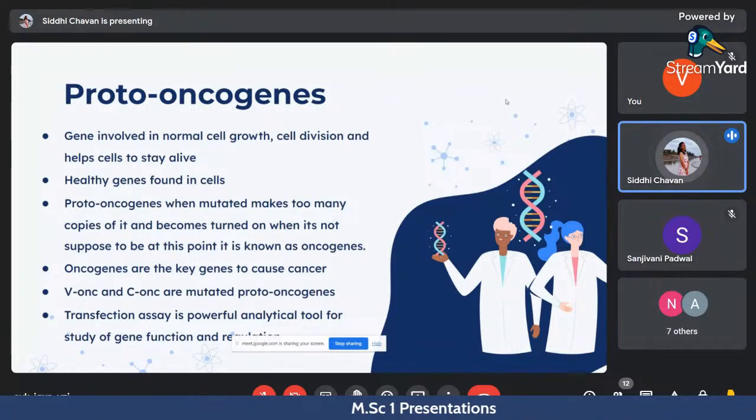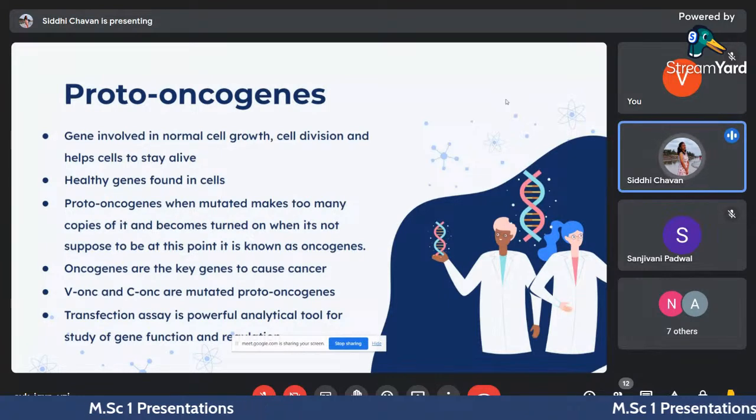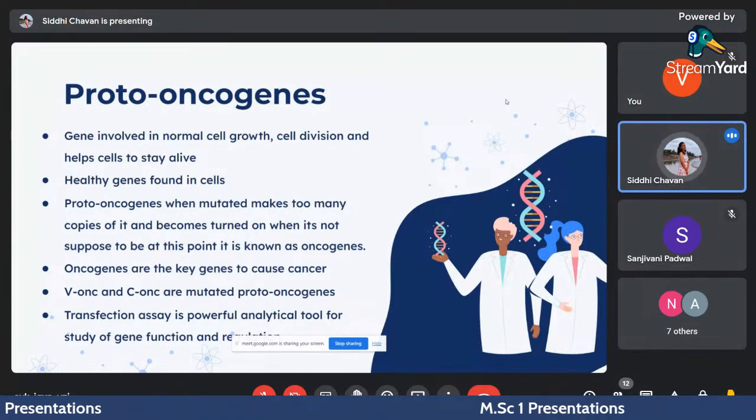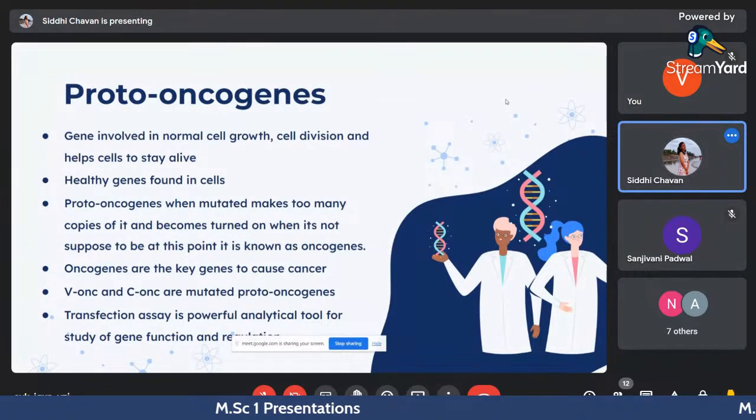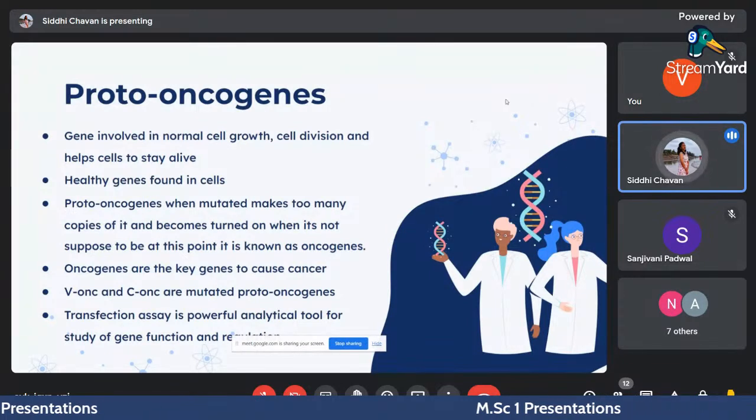But when proto-oncogenes are mutated, they make too many copies of themselves and turn on when they are not supposed to be. At this point, they become oncogenes, which cause cancer. Oncogenes are the key genes of causing cancer.